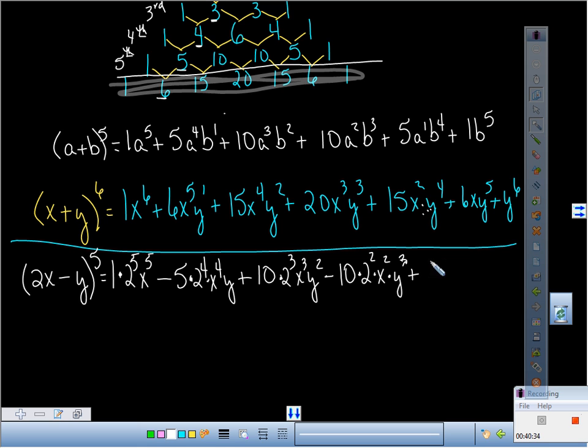What's my coefficient? How many x's? No, how many 2's? Sorry. 1. How many x's? And how many y's? What's my sign? What's my coefficient? How many 2's? How many x's? How many y's?